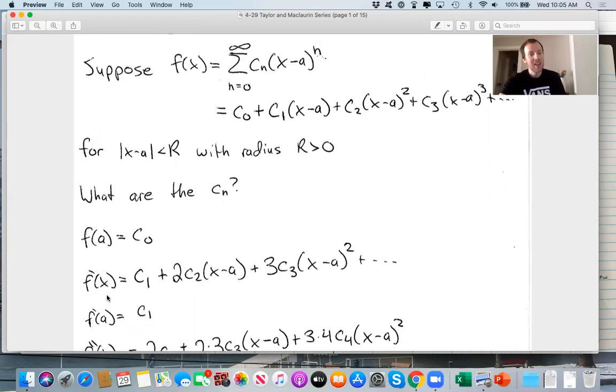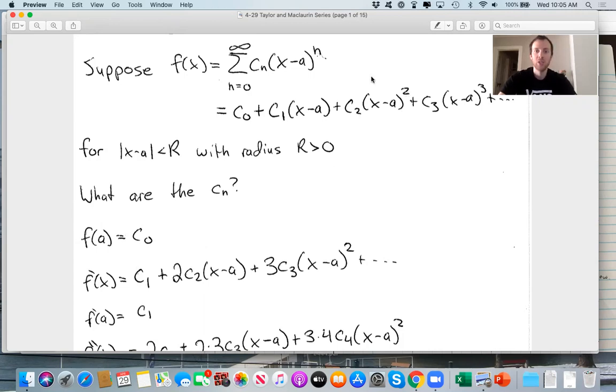But how we can find the next one is if we take our series and differentiate it. And we know what happens is if you differentiate the function, then you can represent that by differentiating the series term by term. So applying the power rule to all of these terms, c0 is a constant, so it goes away. c1 times x minus a, because that's linear, we just get the coefficient c1.